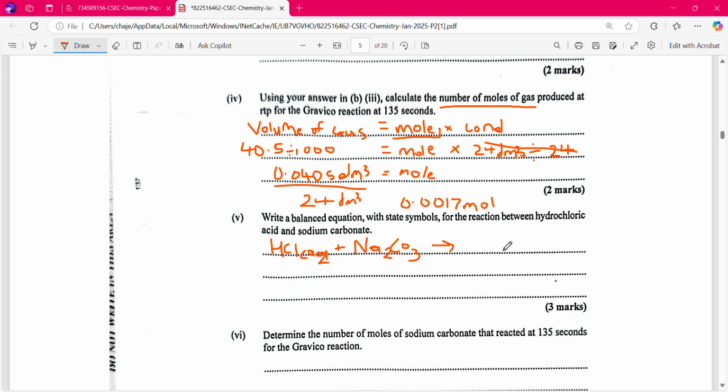You can go and fact check me. But as I said earlier, as long as you see sodium, potassium, or ammonium present, it has to be soluble. So this is aq as well.